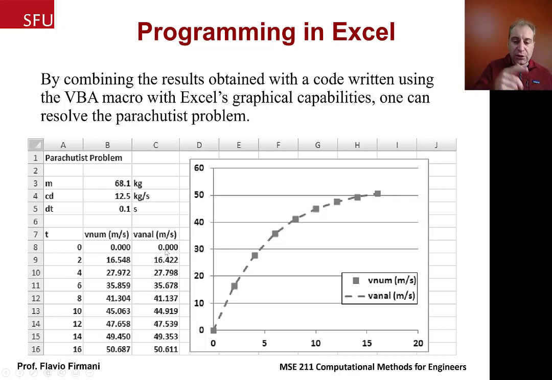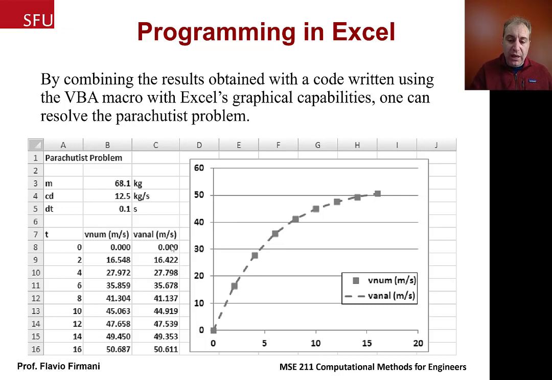And for the analytical solution, you would have something equivalent. You would create your own equation in this cell that will call the mass of the parachutist, as well as the drag coefficient and the current time. And then the equation would be evaluated.